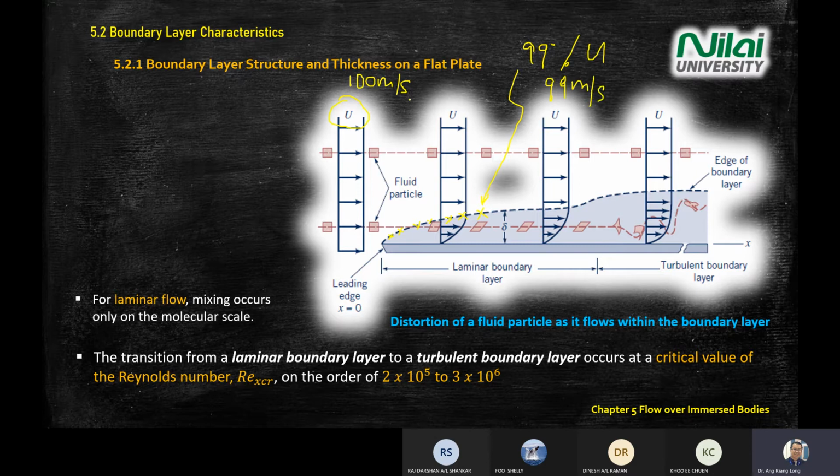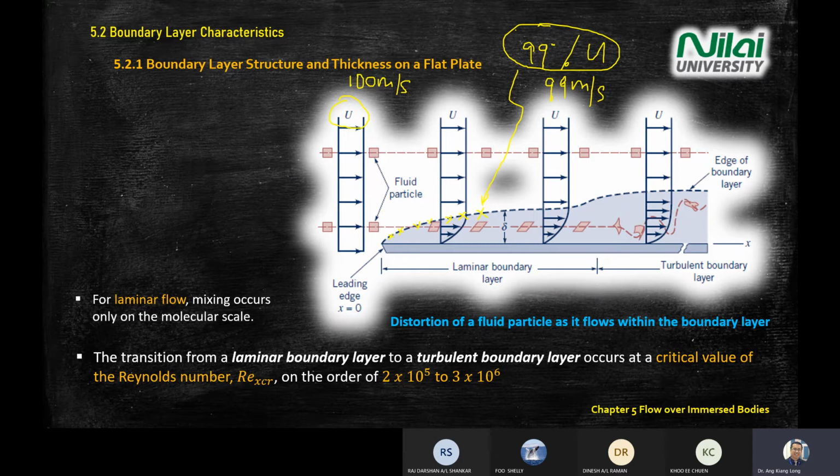In this case, I will give you a number. The number is 100 meter per second. It's not necessarily 100 meter per second, but the concept is this boundary layer line here is 99% of your upstream velocity. Okay, meaning how you plot. Maybe someone asks you, how do you plot the boundary layer on the plate with the upstream velocity, let's say 100 meter per second?